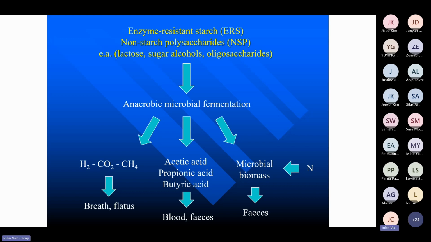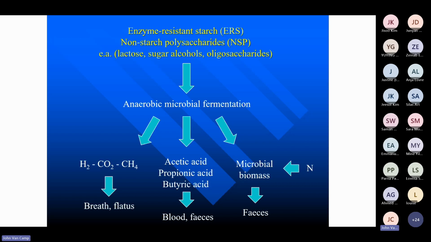So all these substrates will enter in the colon. You get an anaerobic microbial fermentation. Anaerobic means no oxygen, and you get a lot of end products. And the first one are the breath and the flatus, where volatile components can be removed, like hydrogen gas, CO2, and the methane gas. And so this can just be expired or it can leave the body by the flatus.